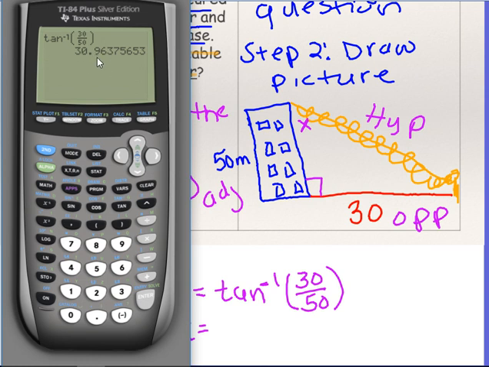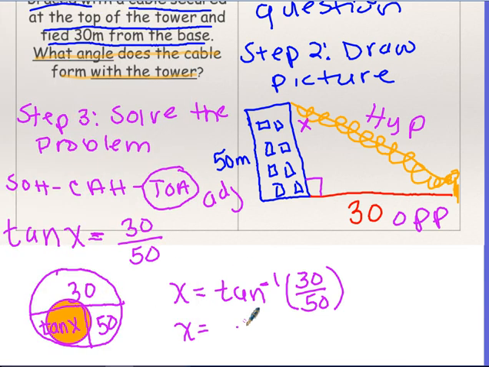This 6 makes that 9 move up, and that 9 makes this 30 move up to 31. So that means our degree is 31 degrees. So this angle right here, which you can call an angle of depression if you want to, is 31 degrees. And then you can add 31 to 90, and then take that sum and subtract it from 180, and you can find out what this piece down here is.